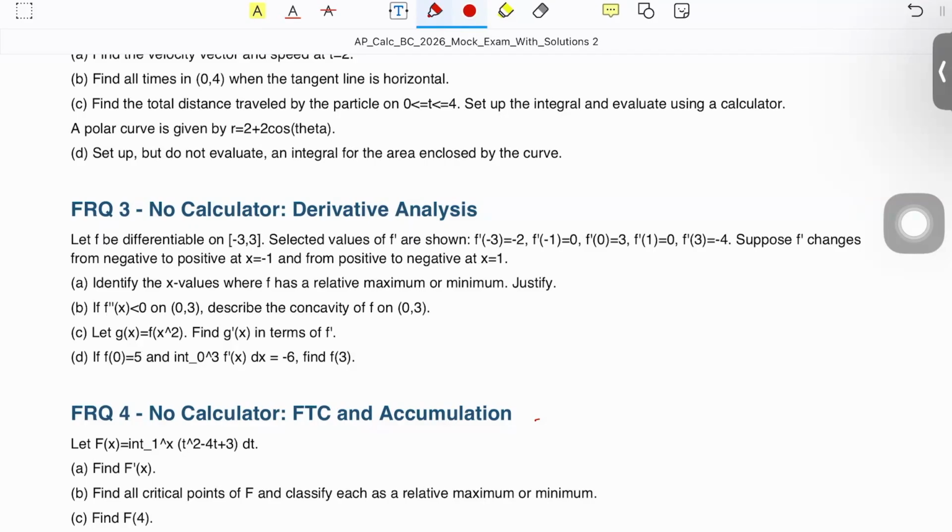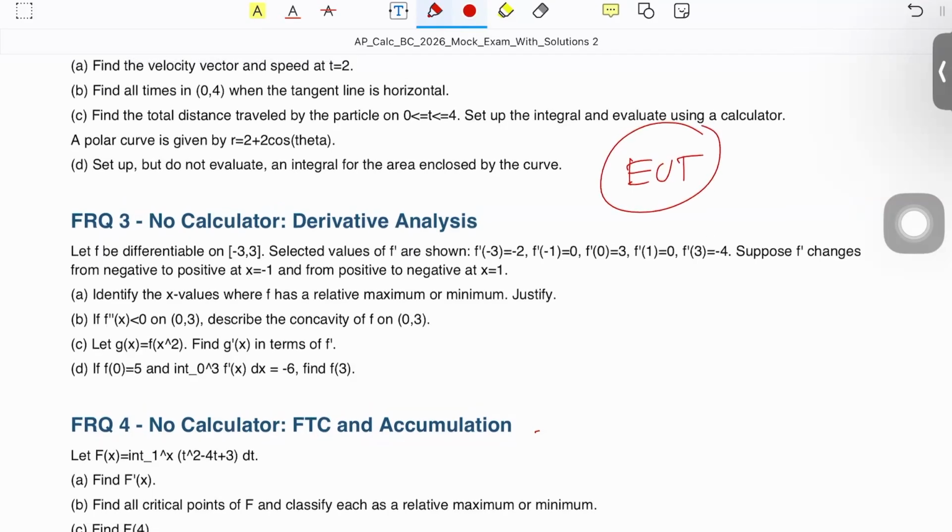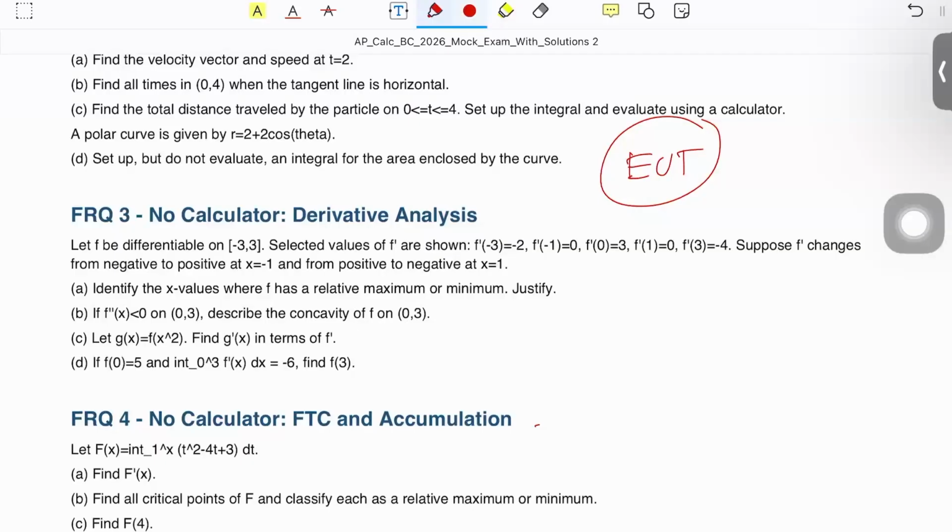Okay, let's see. EVT, the Extreme Value Theorem, says that for sure you're gonna have a maximum and minimum. But also you need to check the boundary, the endpoints. Let's say the function goes from -2 to 5.